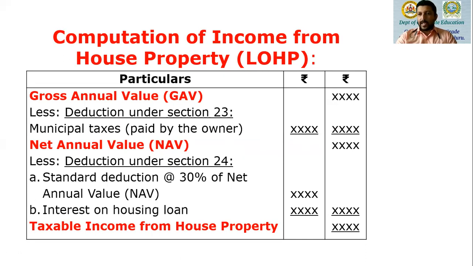As far as net annual value is concerned, there are basically two deductions available under section 24. First is standard deduction at 30% of NAV. On this net annual value, a 30% deduction is available. This deduction is for repairs, painting, whatever you can imagine as far as house property is concerned.